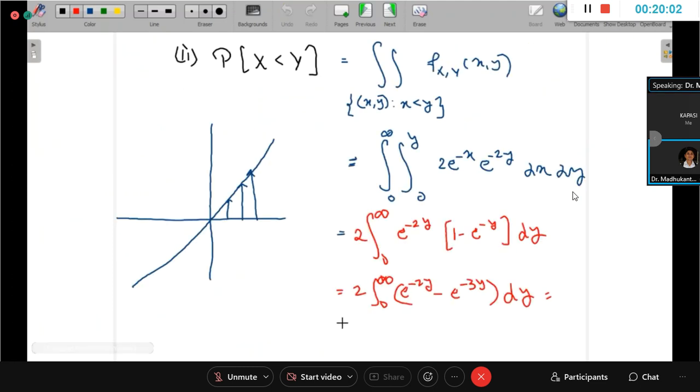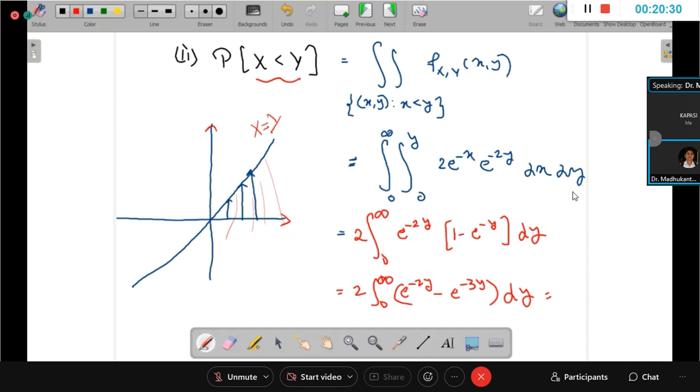Okay, so let's see. You have x less than y, and on the R2 plane you can certainly draw x equals y. And what is x less than y here? It is this side. Now you know x is 0 to infinity and y is 0 to infinity, only then it is non-zero.